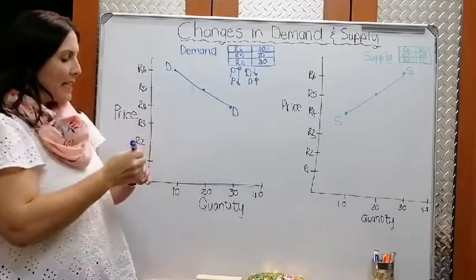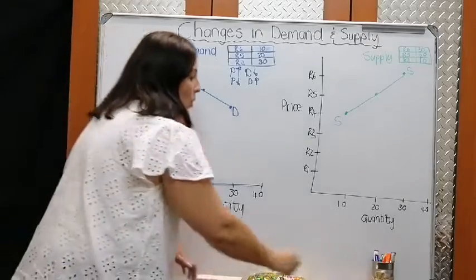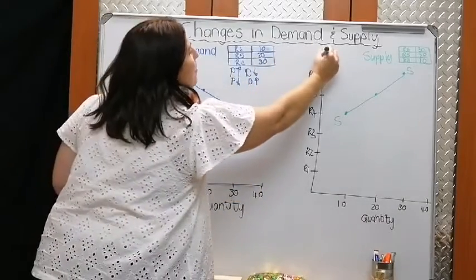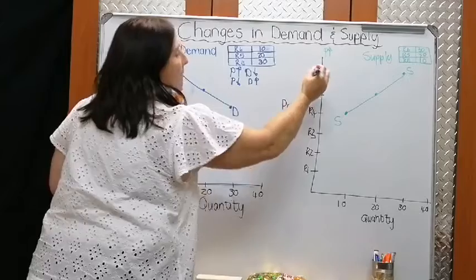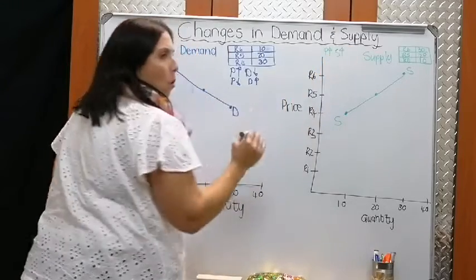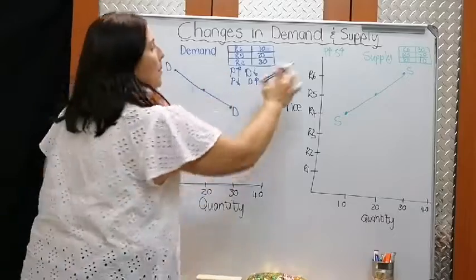If we quickly look at supply, what does the law of supply say? The law of supply says if the price goes up, then the supplier will supply more. At a higher price, the supplier will supply more.